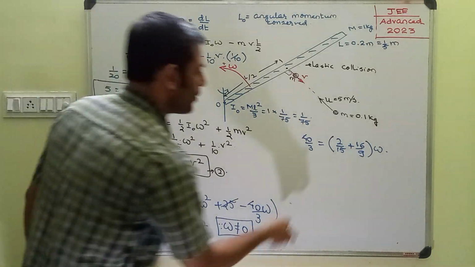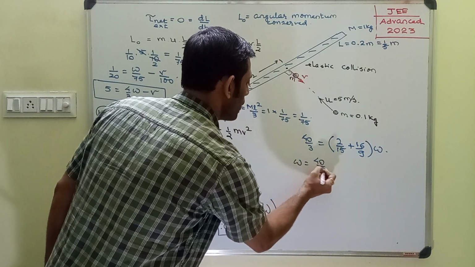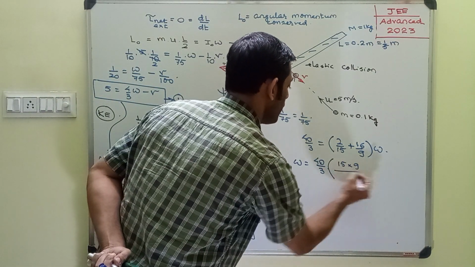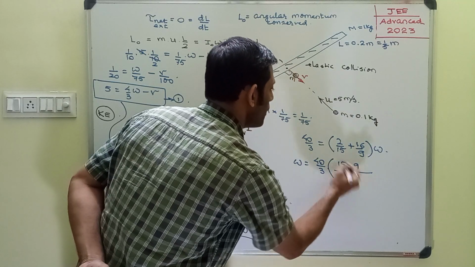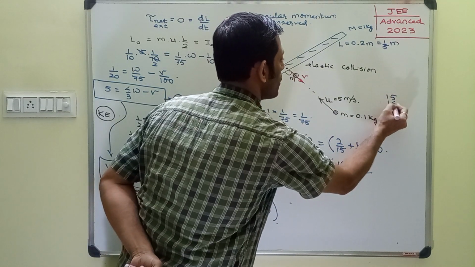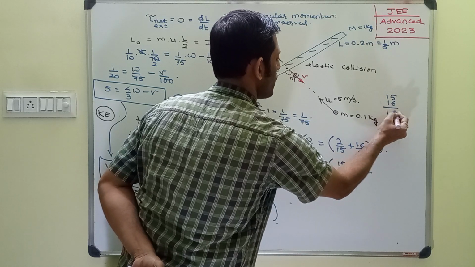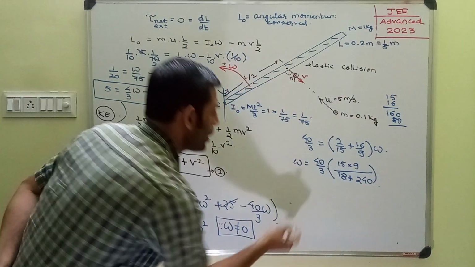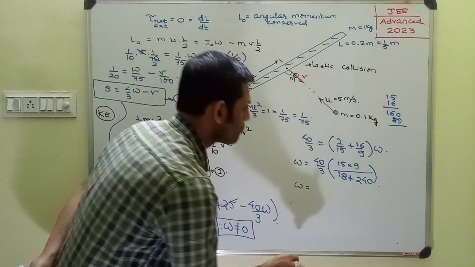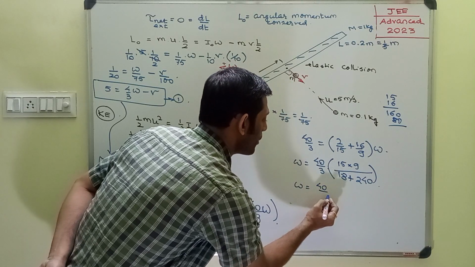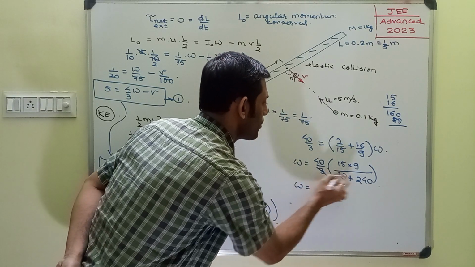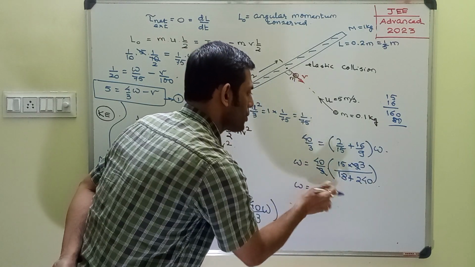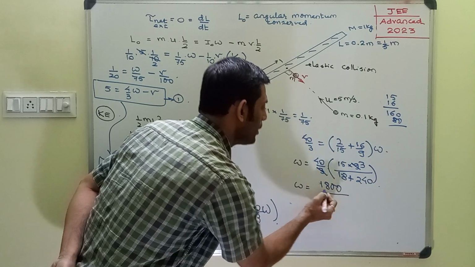So therefore, your omega value is going to be 40 by 3 into 15 into 9 by 18 plus 15 into 16. 15 into 16, that makes it 240. So omega is roughly 40 by, this 3 can cancel, and that means this can be 600 into 3, that is 1800.